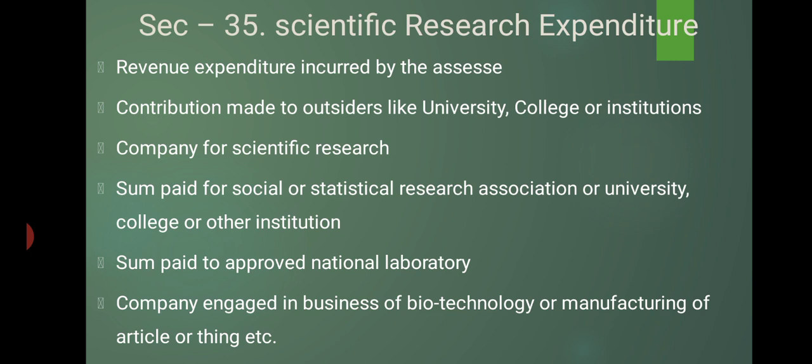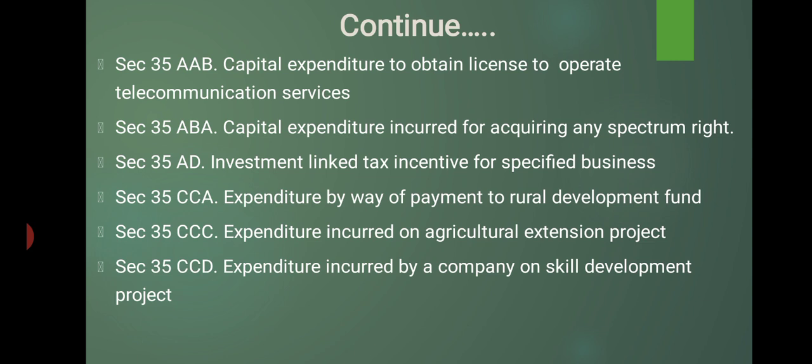And the next important deduction is section 35ABB, capital expenditure to obtain a license to operate telecommunication services. Any capital expenditure incurred in this respect, either on or before the commencement of the business, to operate a telecommunication service, is an allowable deduction.